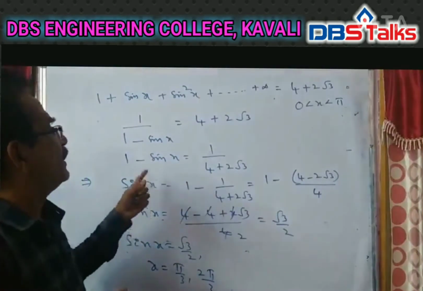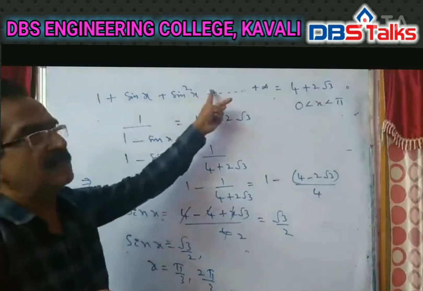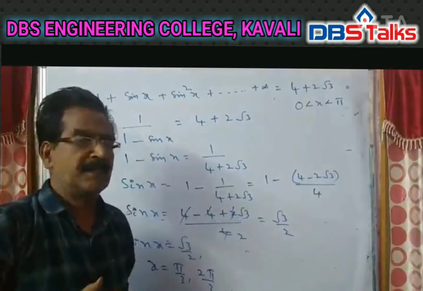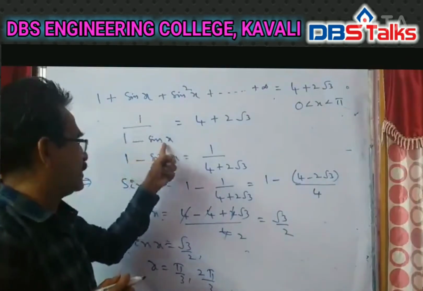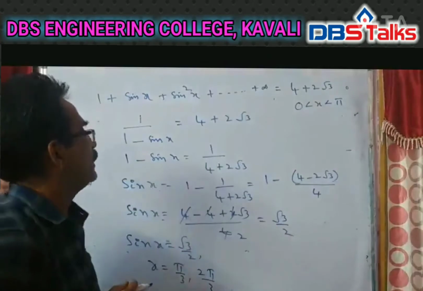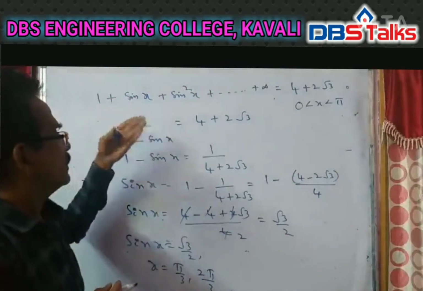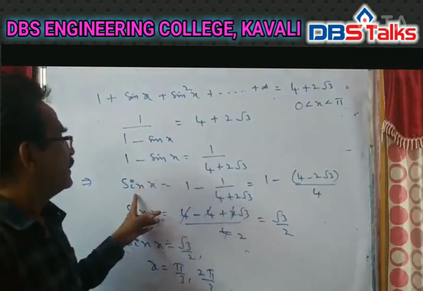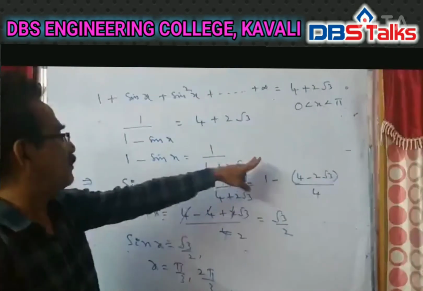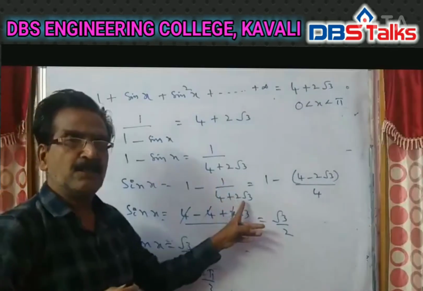Okay, simple problem, friends. But you have to notice this thing: this is an infinite geometric progression. A by 1 minus r is the sum of the terms, equal to 4 plus 2 root 3. So 1 minus sin x is equal to 1 by 4 plus 2 root 3, and sin x is equal to 1 minus 1 by 4 plus 2 root 3.